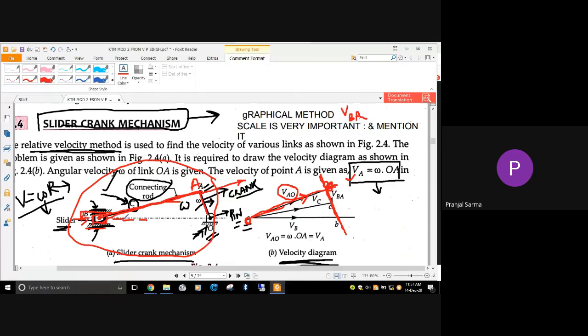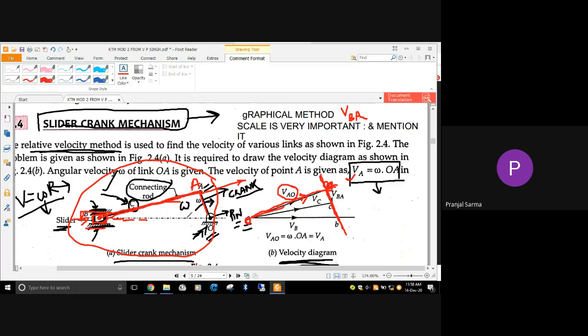All of you agree with me? Slider is sliding like this. Yes, sir. If it is sliding like this, it's a kind of linear motion, so the velocity also will be in that particular direction itself. In which direction it is sliding, in this direction itself it's moving. That is the line of stroke direction.